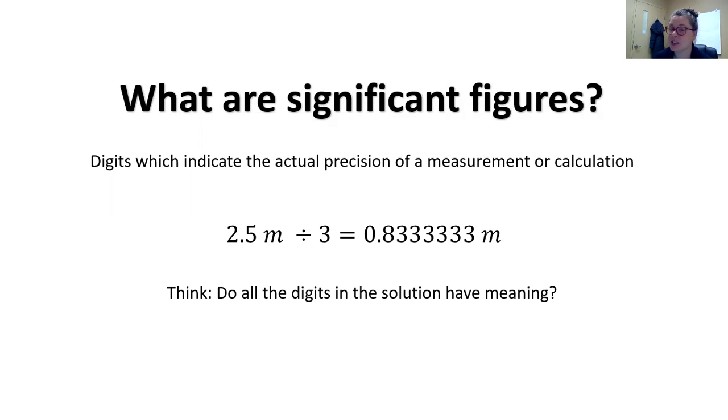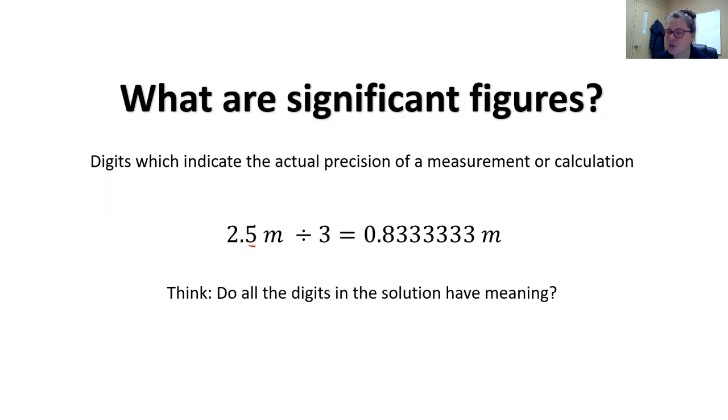So if we look here, let's say we have 2.5 meters. So somebody has been specific enough to tell you that they have been precise to the nearest tenth of a meter, and anything past that would just be a wild guess. If I take that and I divide it by 3, I get 0.83333333 meters. Do all those digits have meaning?